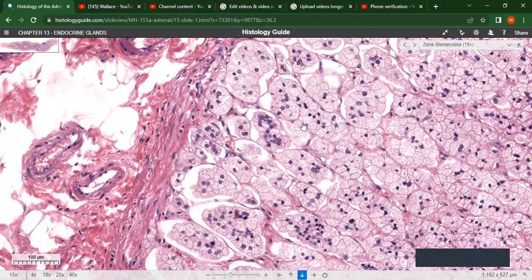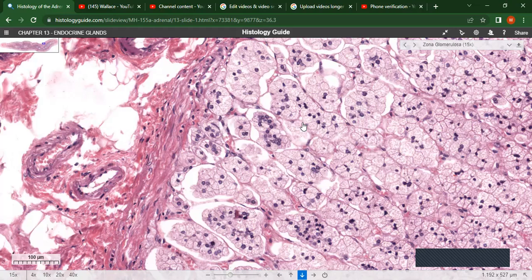So the function of aldosterone is to promote renal sodium and water reabsorption. It also promotes renal potassium loss. So it increases reabsorption of sodium and water and increases the excretion of potassium.